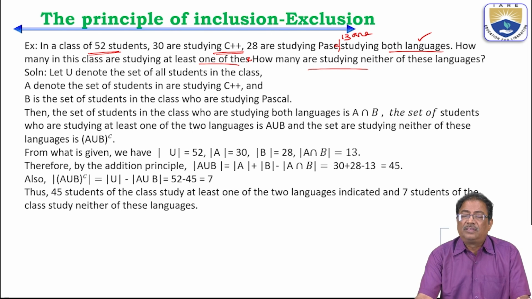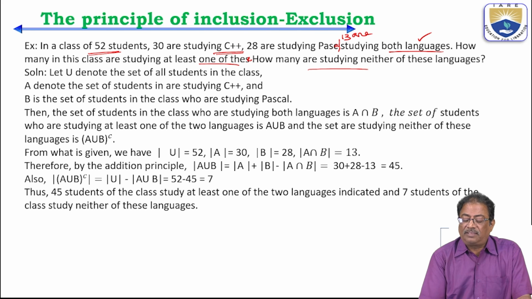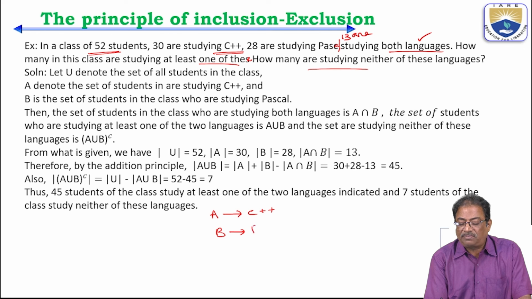That means none of them are studying C++ and Pascal. We are going to consider A as the set of all students who are studying C++, and B as the set of all students who are studying Pascal.